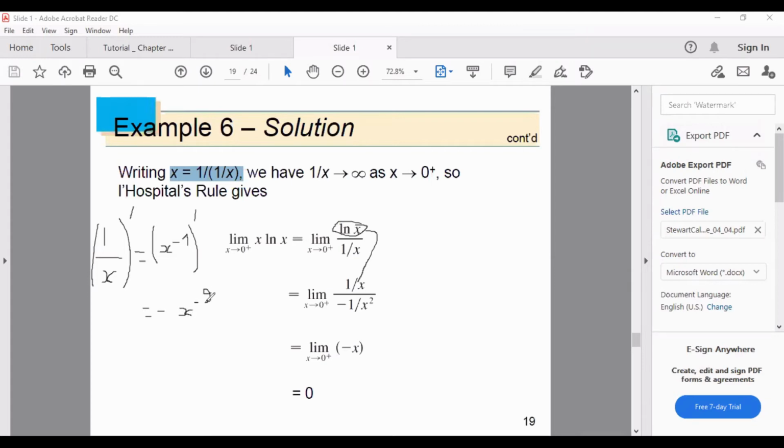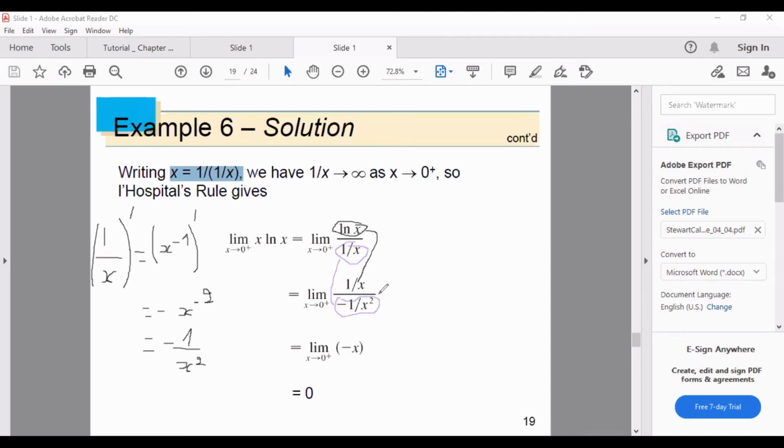As you said, it's equal to minus 1 over x squared. Then the derivative of 1 over x is equal to minus 1 over x squared. Here we use this information.